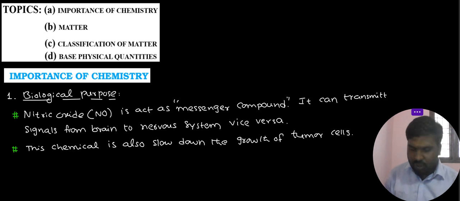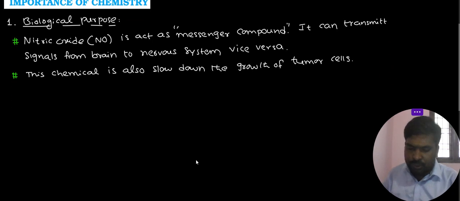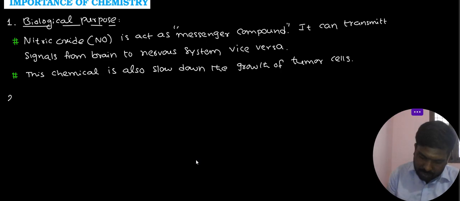These are the two main importances of nitric oxide. It acts as a messenger compound and it can also slow down the growth of tumor cells. This is biological purpose.